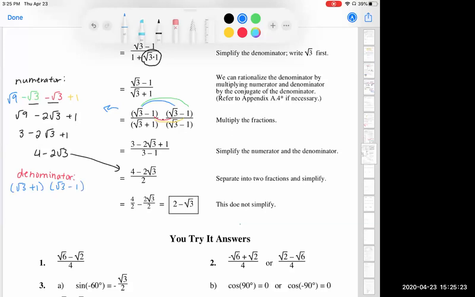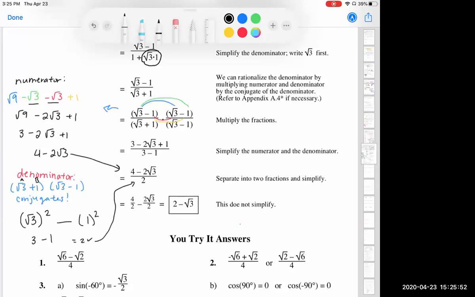Notice they're conjugates of one another, and that's very cool because I can do this without having to multiply. I can take your A value and your B value and square them. So square root of 3 squared minus your B squared, 1 squared. This gives us 3 minus 1, which just gives us 2, like we have right here.